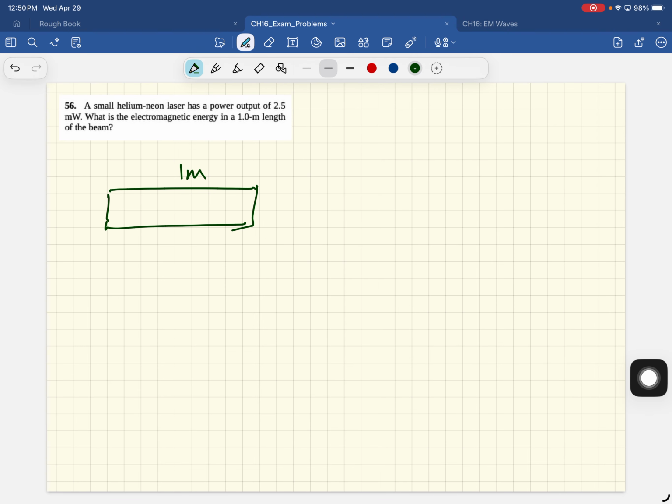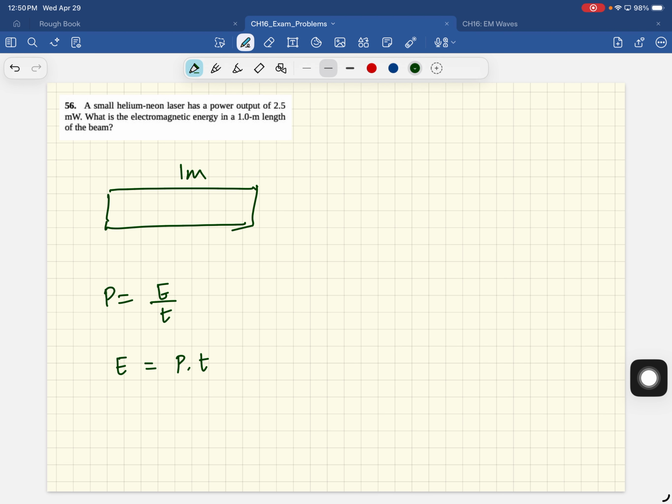In 1 second, 2.5 milliwatts, so power is energy divided by time. Energy is power times time.